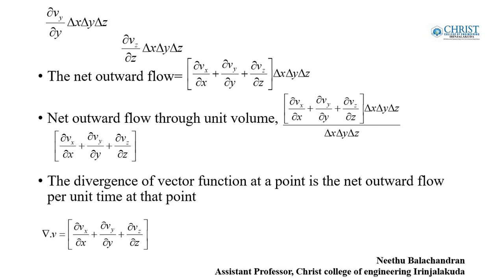Similarly for the y-axis and z-axis we got the net flow. So the net outward flow along these three axes is calculated. Then we divided by the volume, and we got the net outward flow, which is equivalent to the divergence of that vector function, per unit time at that particular point.